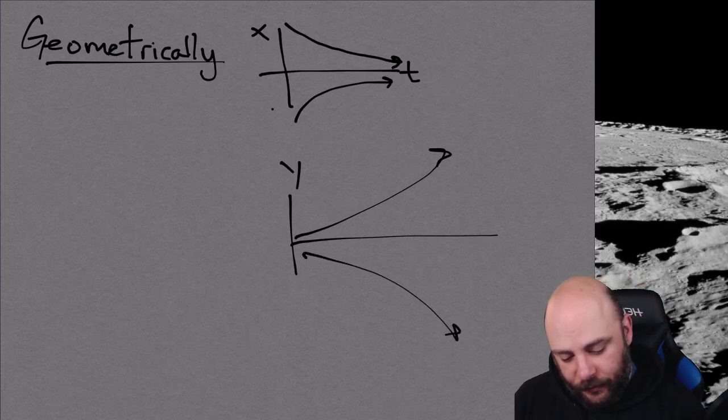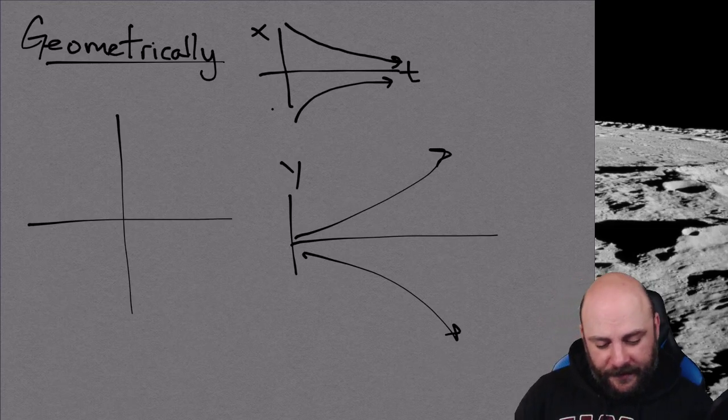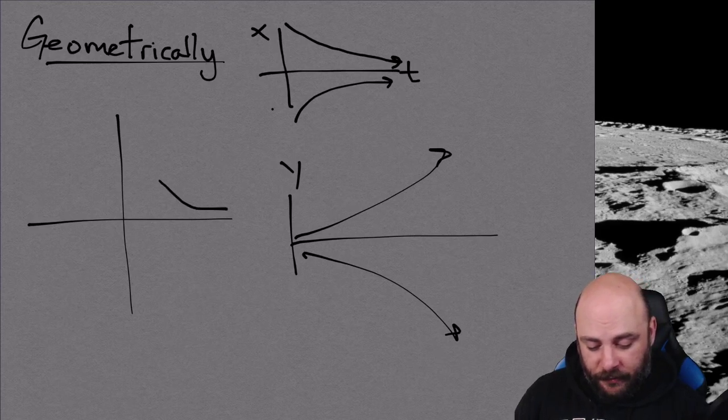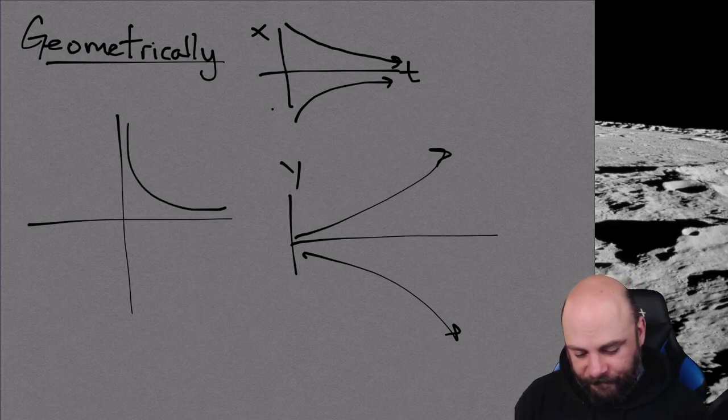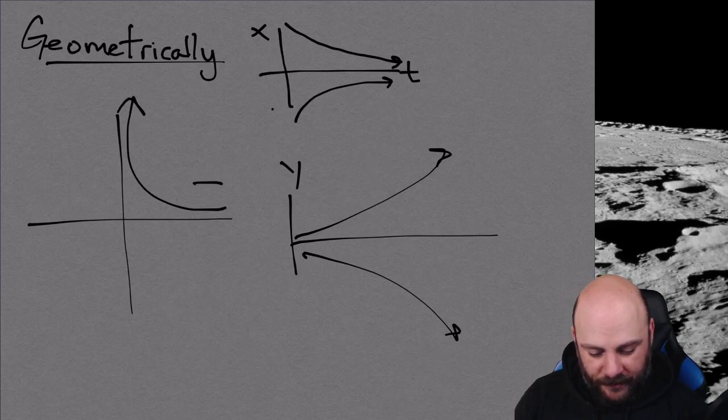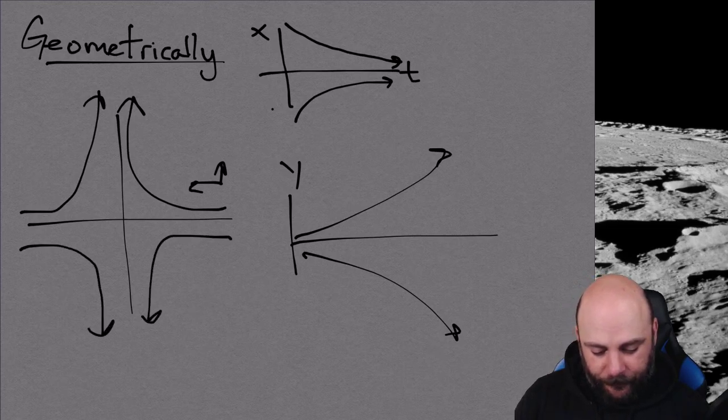So if I think about this, and these are coupled within some sort of system, x is always going to 0, y is always blowing up. So it looks something like this, where I'm always moving to the left and up. And over here, I'm moving to the right and up. And over here, I'm moving to the right and down. And over here, I'm moving to the left and down.